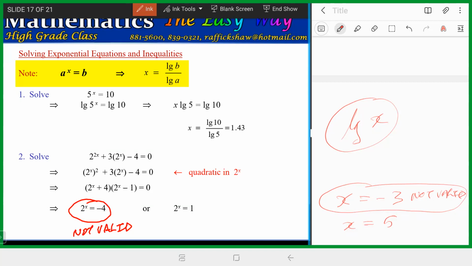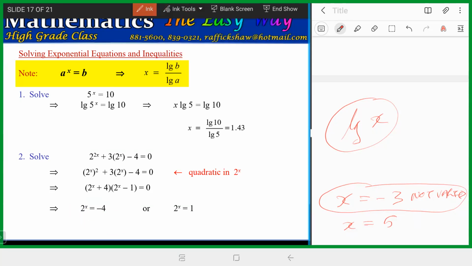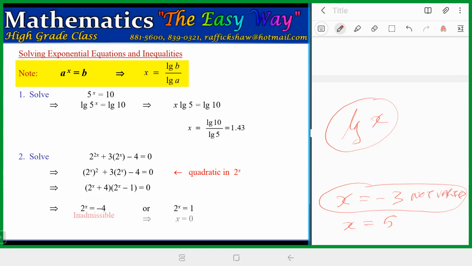A positive number raised to a power cannot be negative, and the 2 is a positive number. So that is inadmissible or not valid. And so 2 to the 0 is 1, 2 to the x is 1, so x must be 0. So the answer is 0 in this question.